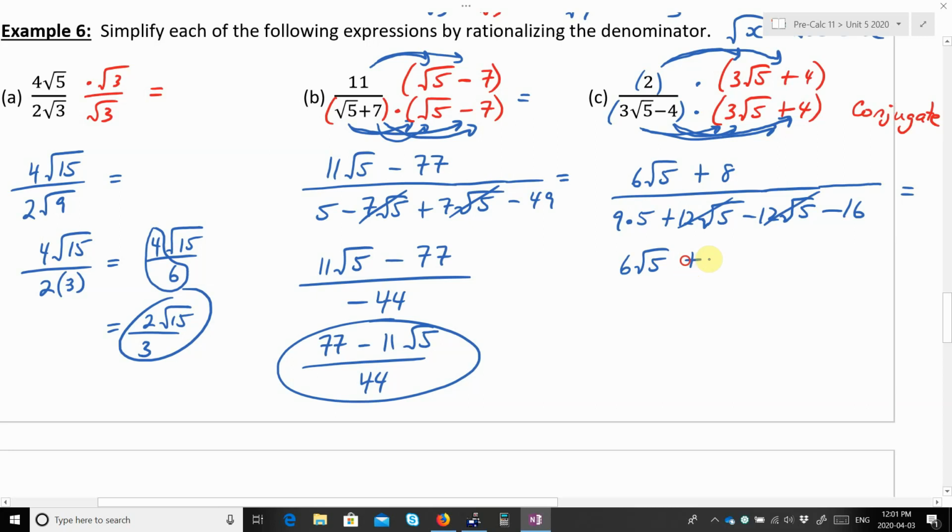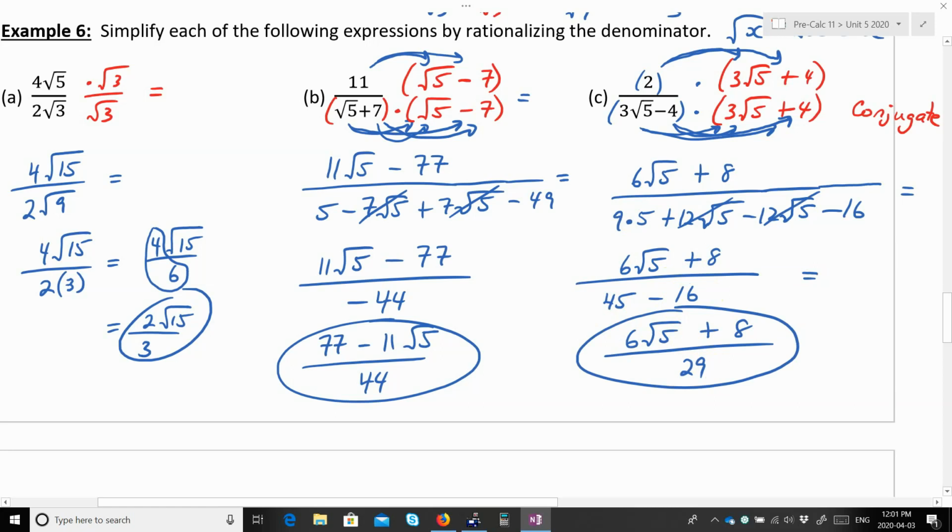I have 6 root 5 plus 8 on the top. 9 times 5 is 45 minus 16 on the bottom. Root 5 cannot be broken down anymore, but I can go 45 minus 16, which is 29. And that is simplifying by rationalizing the denominator.